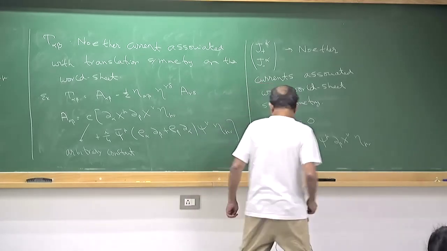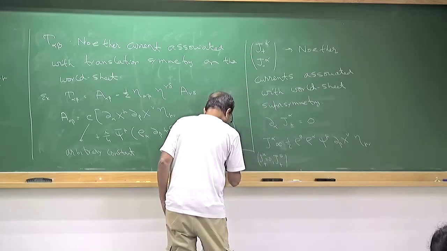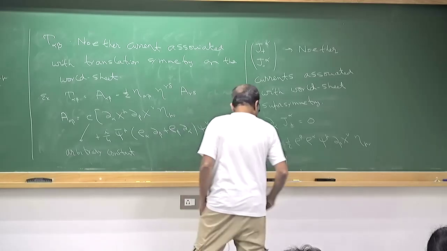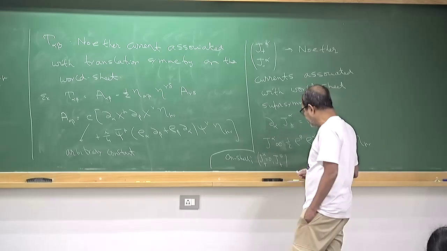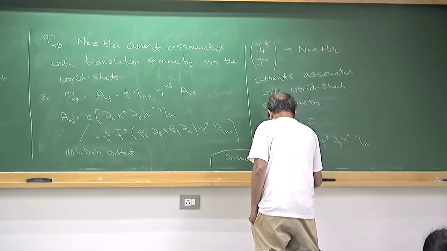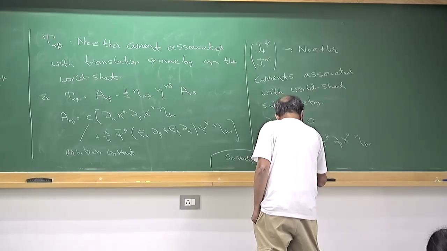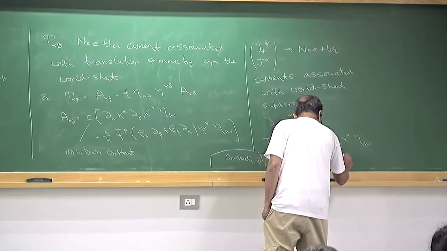This is on shell, which means when equations of motion hold, J plus U is 0 and J plus V is non-zero. So we have the equation del U J plus U plus del V J plus V is 0.